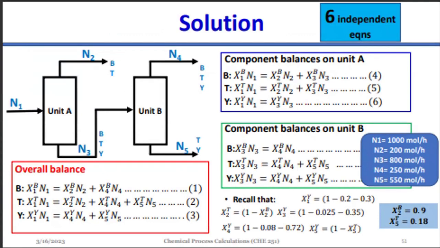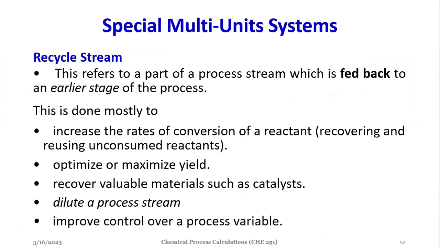So if I take a stream from unit B and send it back somewhere in unit A, then I'm doing what is called a recycle. So I take a stream and I feed it into an earlier part of the process, right?